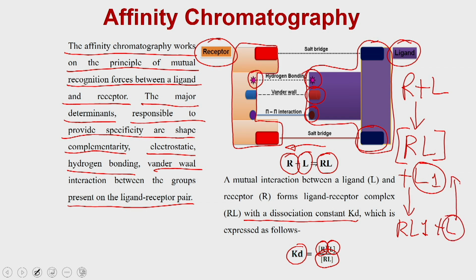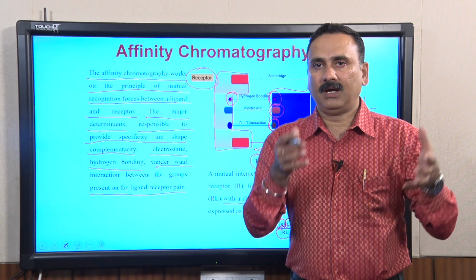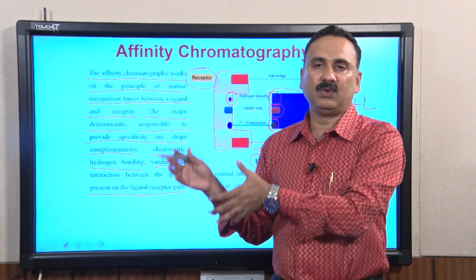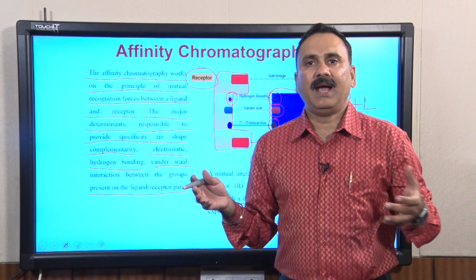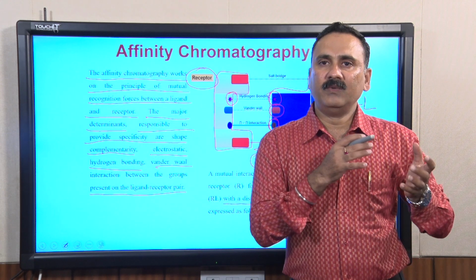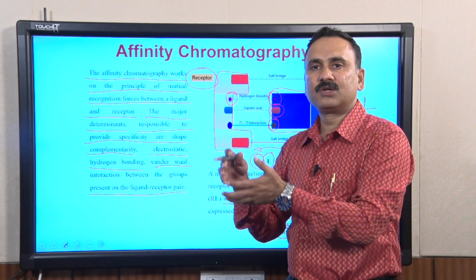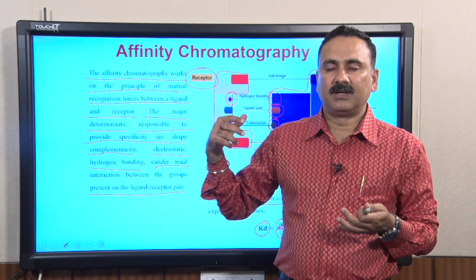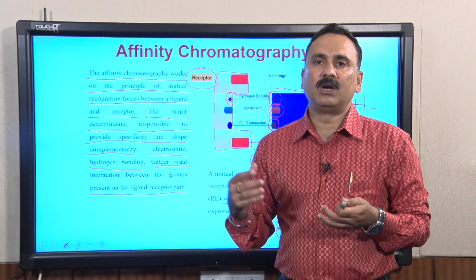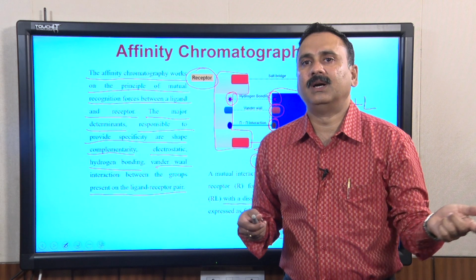And this is exactly the principle of affinity chromatography, where you are going to have the receptors on one side and the ligands on the other side. In most affinity chromatographies, either you couple the receptors to the matrix, or you couple the ligands to the matrix, and then the cognate pair is generated, or is present on the proteins.